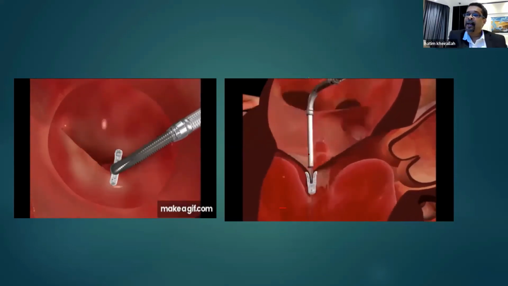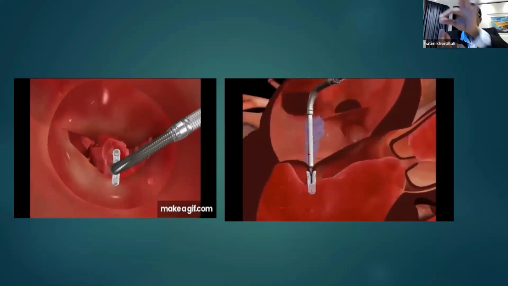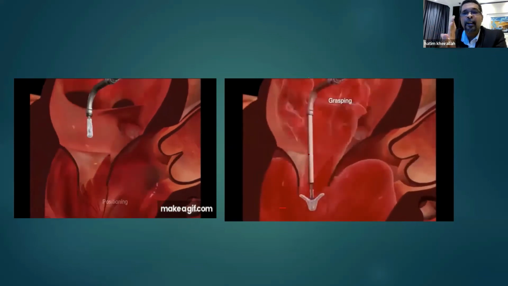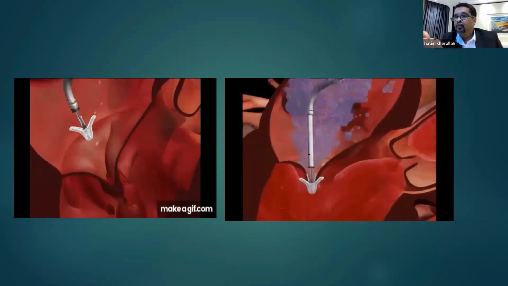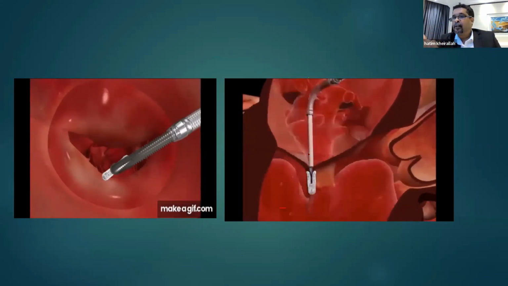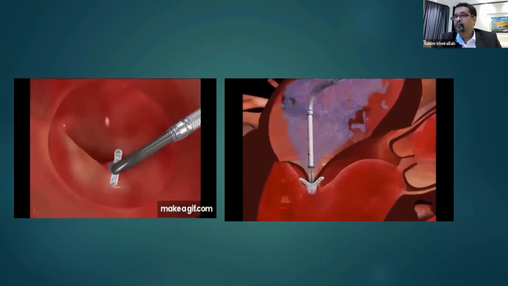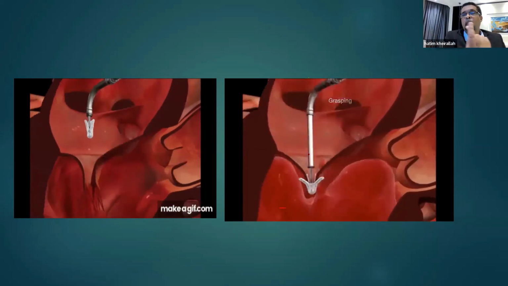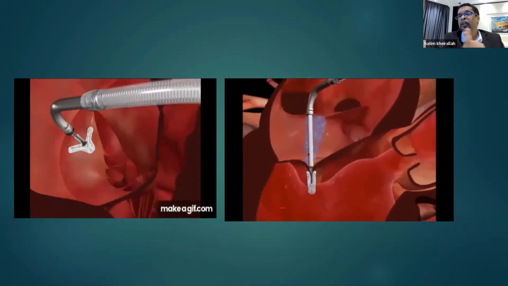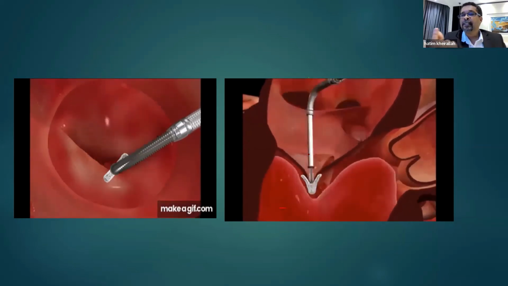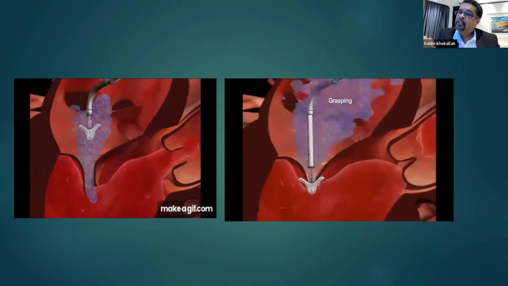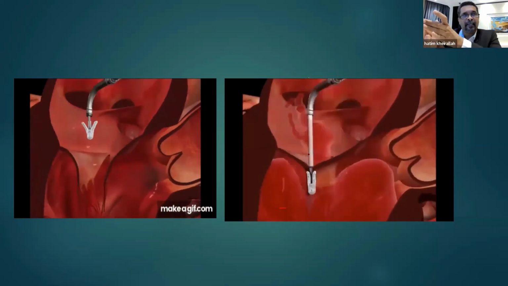Because if I come in an area and the MR is coming from a different area, shall I go and clip this area? No, you have to move your clip along the plane of the valve to grasp where the MR is. And this is all imager information. So the imager is going to tell the operator how to move to catch where the MR is the biggest.